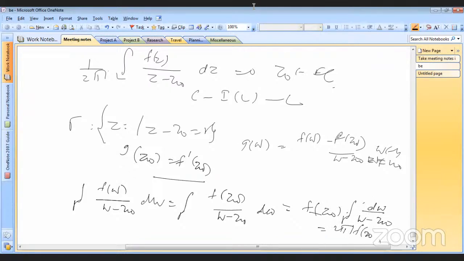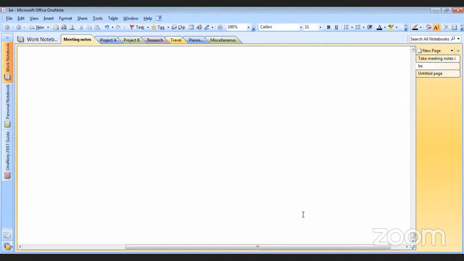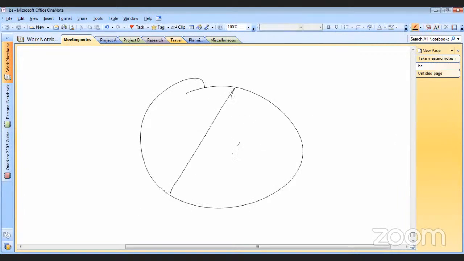I am taking the circle here. You have to take the circle exactly. Now I am writing it. This is z0, this is L1, this is L2.